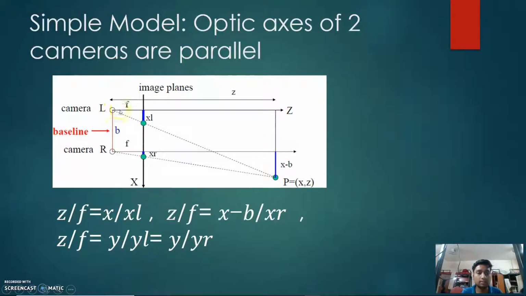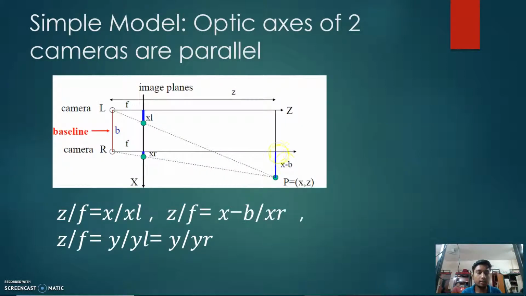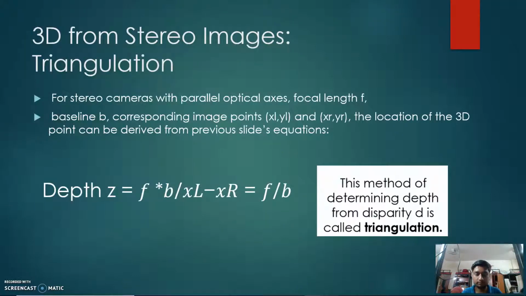These two triangles are similar, and by using the proportionality theorem, we get Z by F is equal to X by XL. That is, Z by F is equal to the distance from Z to P, which is X, over XL. From this, we get the depth Z as F by D. The method of determining the depth from disparity D, where D is the distance between our cameras, is known as triangulation.